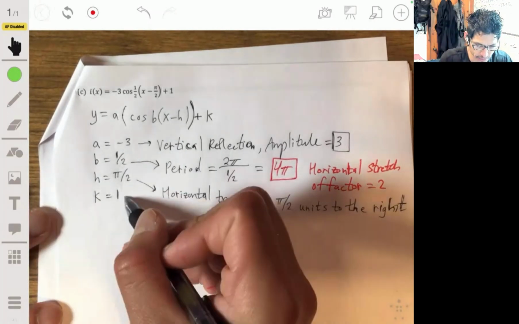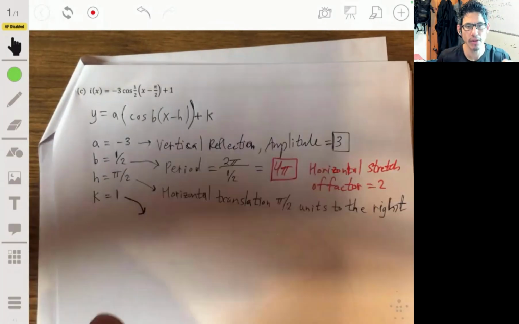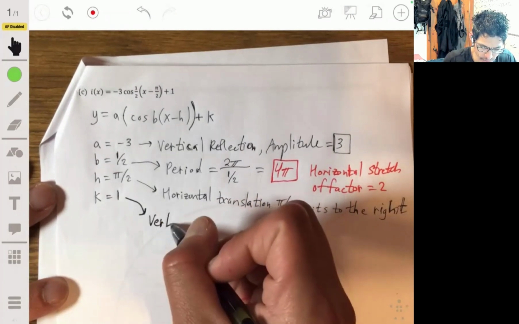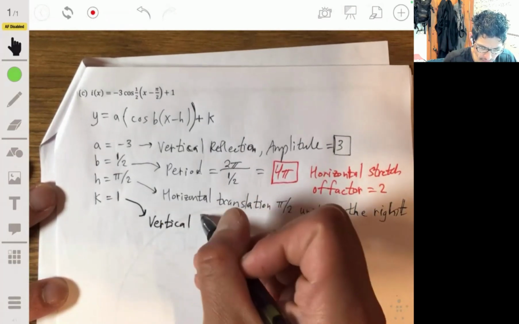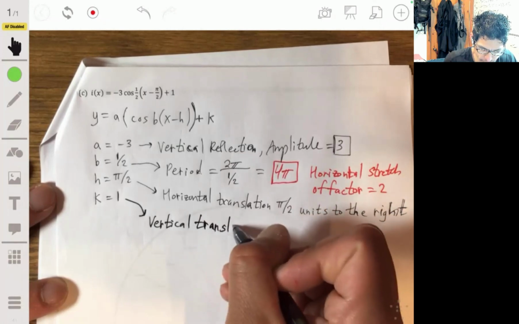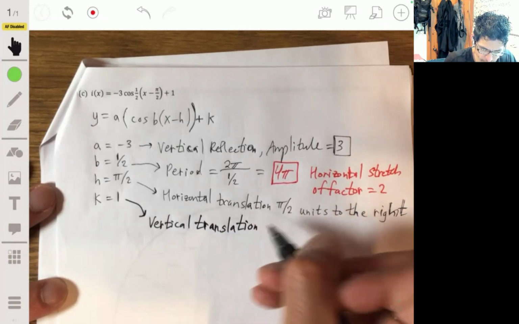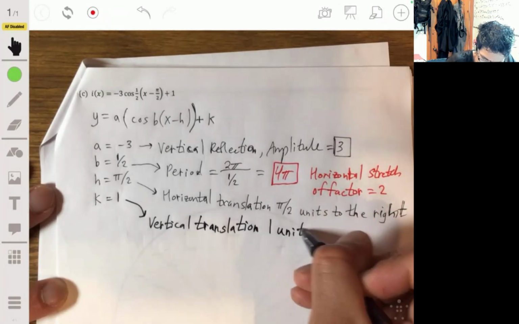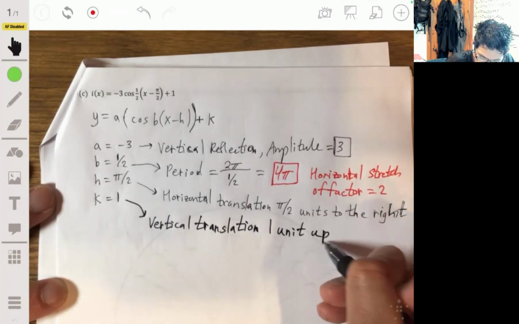And the K is a vertical translation, 1 unit up.